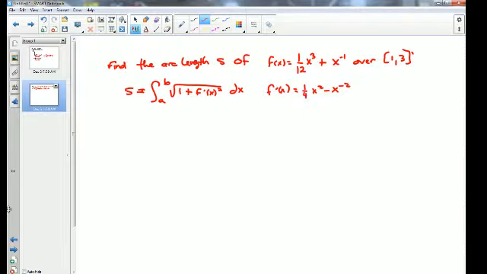So sometimes the problem will say, write but do not evaluate an integral for the arc length s of f of x, right? So your answer would be that right there, correct?